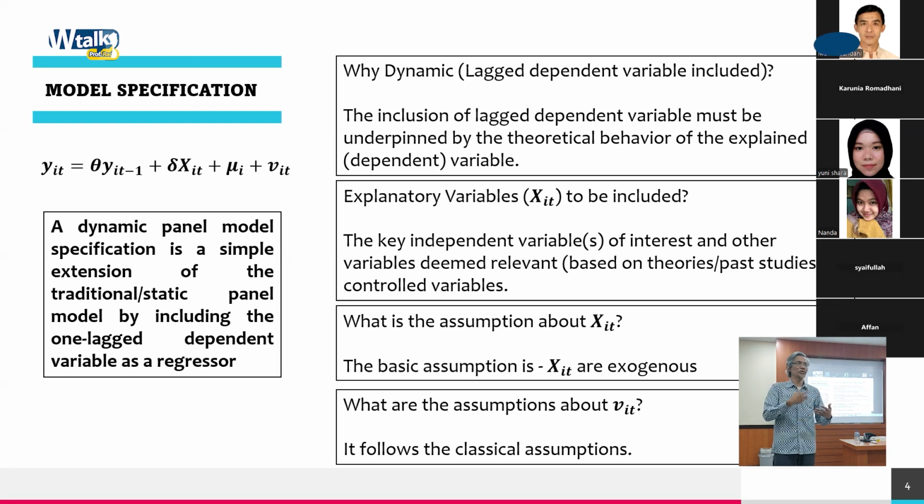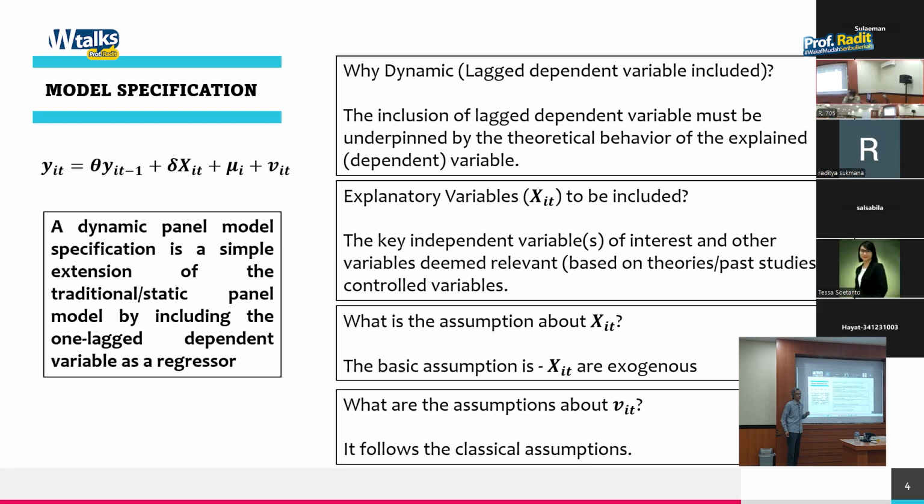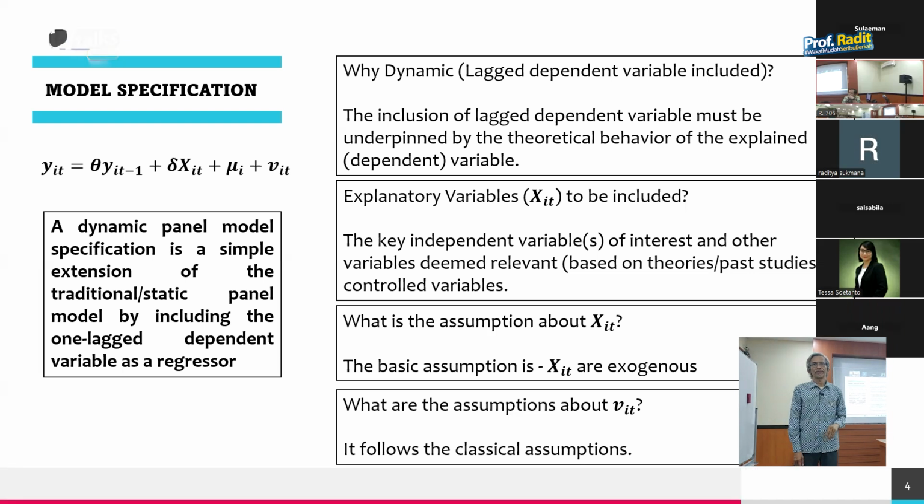But better yet, if you get the theoretical foundations, right? That why the dependent variable depends on the past value. And this theta here captures what we term as persistence, right? The value persists, meaning that it depends on past value, right? So that's what you have to look at.